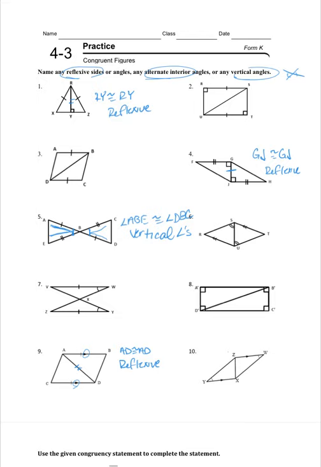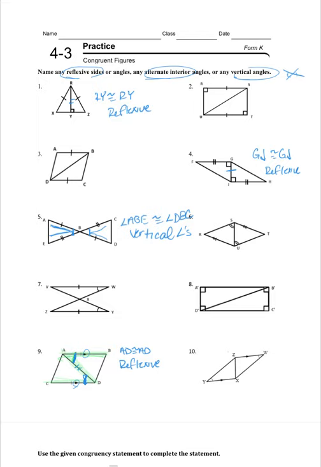Whenever I have parallel lines, I look for a Z. So I see that there is a Z right here. What that's telling you is that the angles that make up that Z, angle BAD, this angle here, and angle CDA, this angle here, are congruent.